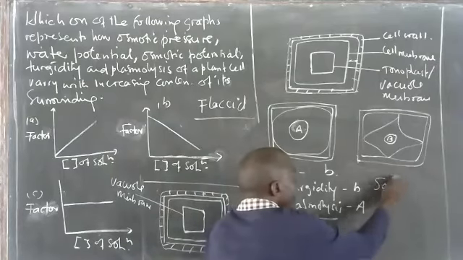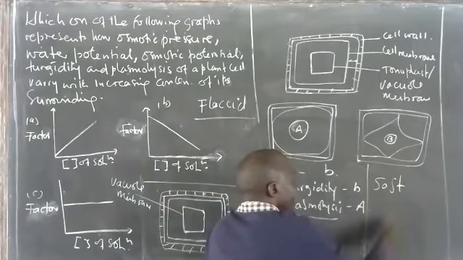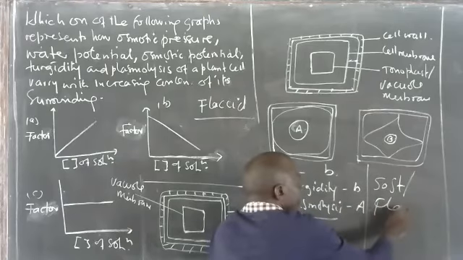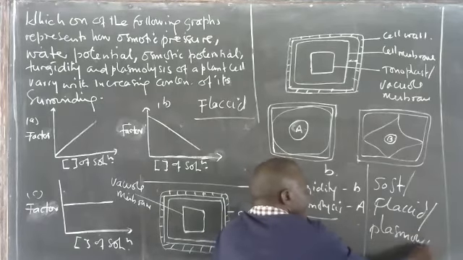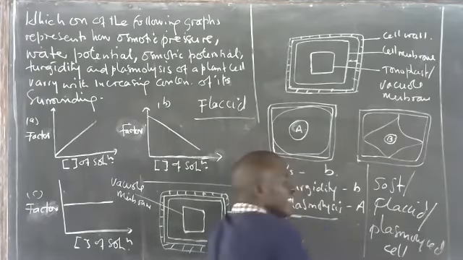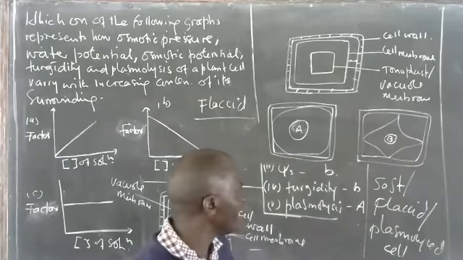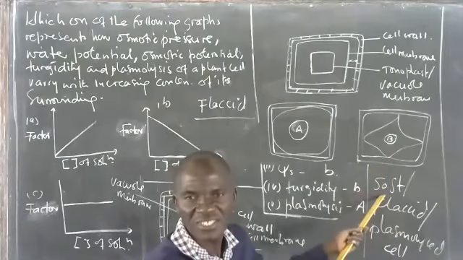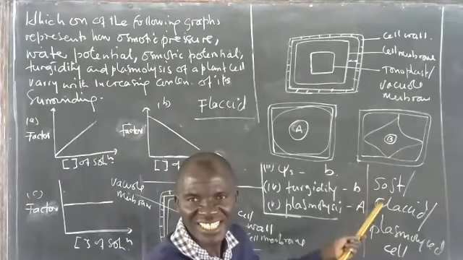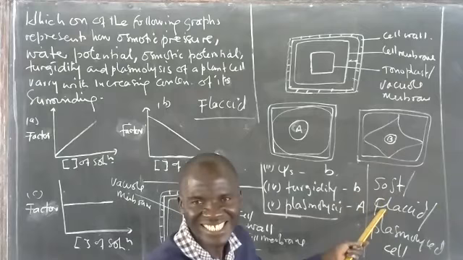If I use the word soft, the same as flaccid, the same as plasmolyzed cell. So when I use any of these three terms, don't get lost. This cell is soft. This cell is plasmolyzed.